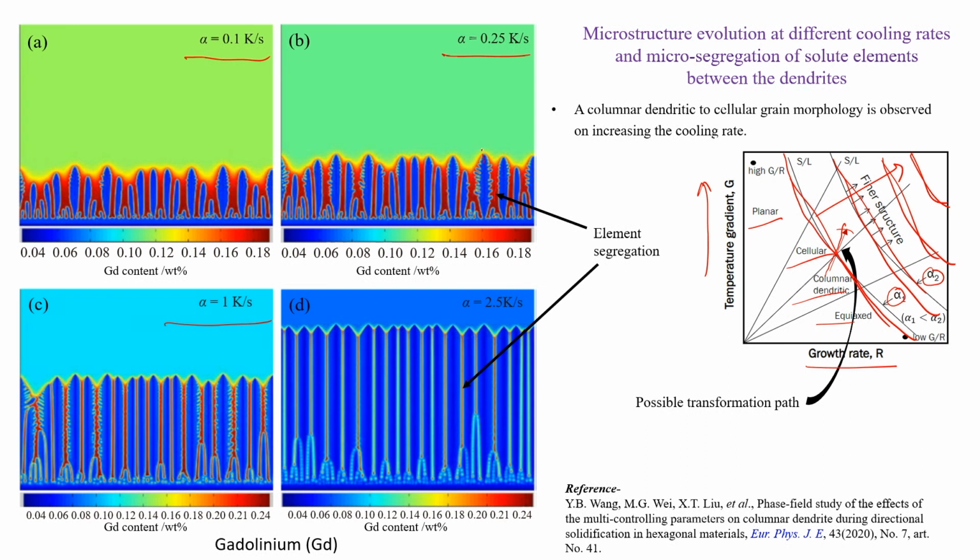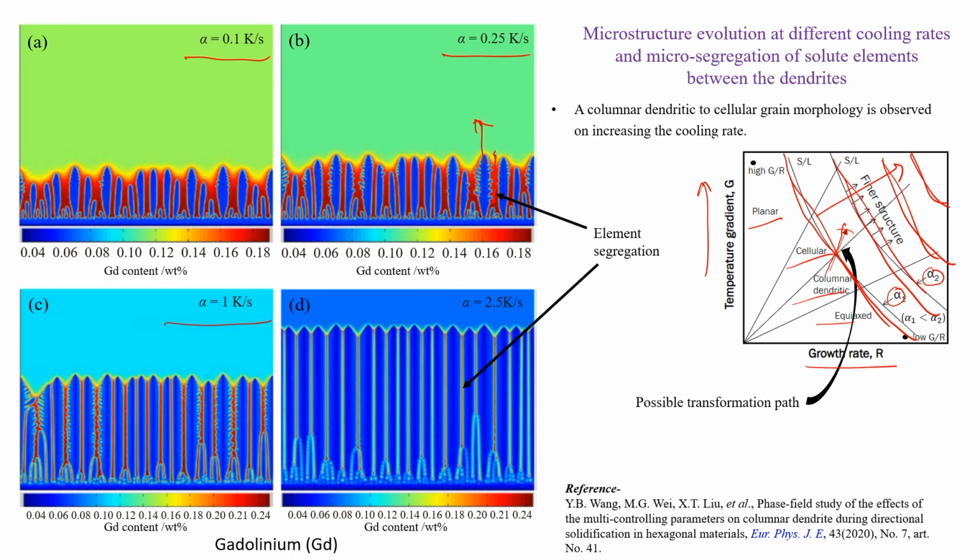This is the dendrite here. The blue color is basically the dendrite, the solidified part, and between these two we can see the color is a little different. So, here you can observe some kind of element segregation occurring in this process.